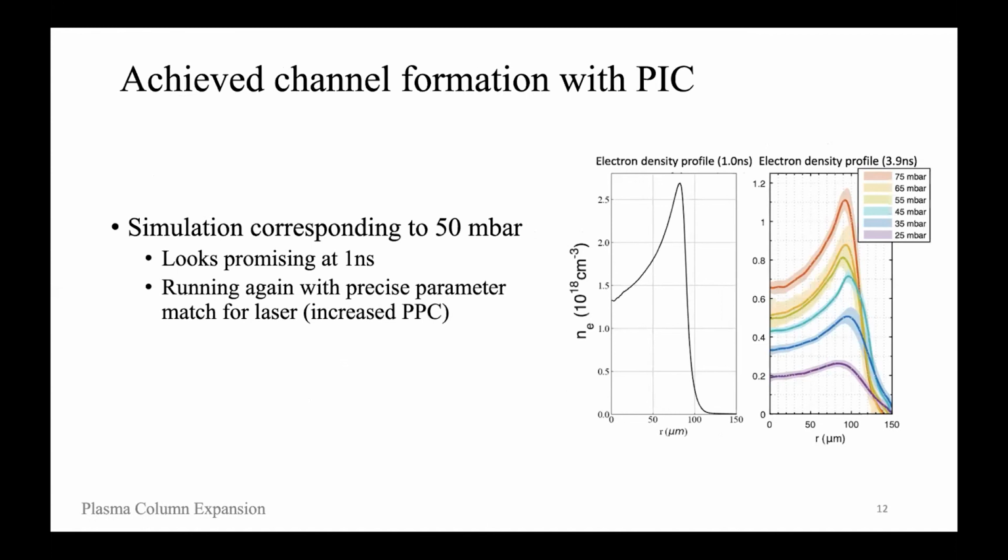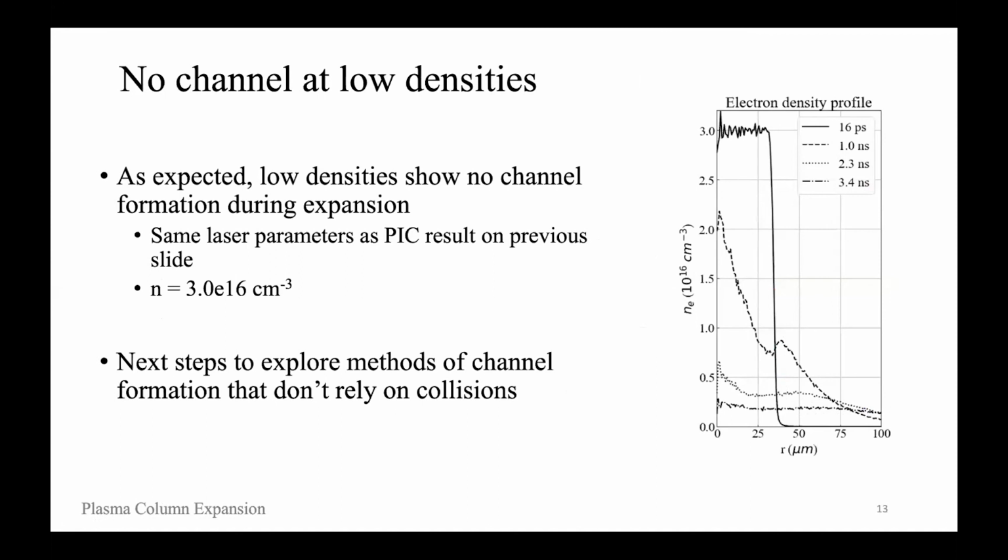And this approximation is actually valid as long as the column length is much larger than the radius of these channels. And in most cases, these radii are tens or hundreds of microns, as you can see here, while the column lengths are many centimeters. But it is a goal, especially when we look at those lower density cases. If we can find a method that produces a channel, we will then explore it in 3D as well as 2D.